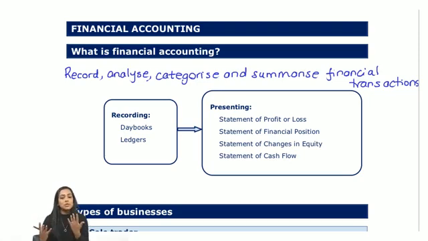So it's up to the accountant who works for the business, or it could be an accounting firm that does the accounts for this company, to analyze and summarize these transactions so we know where the money is going, how well the owner of the business is good at keeping control of the money, and if we're making profits or if we're making any losses.